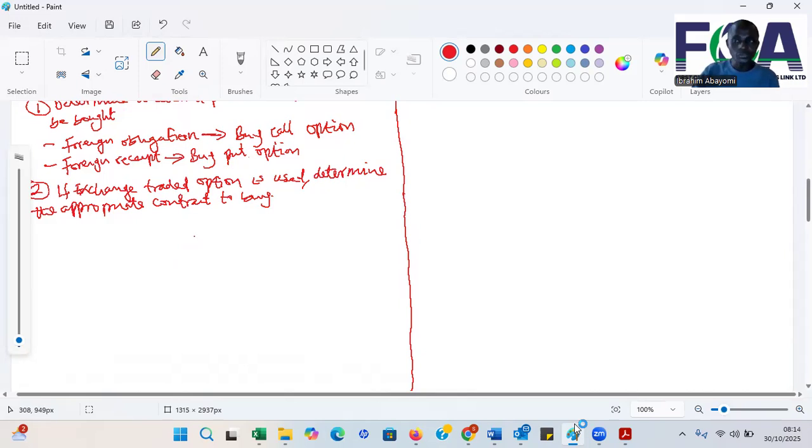So just like your futures contract, for exchange traded option we have four contracts.